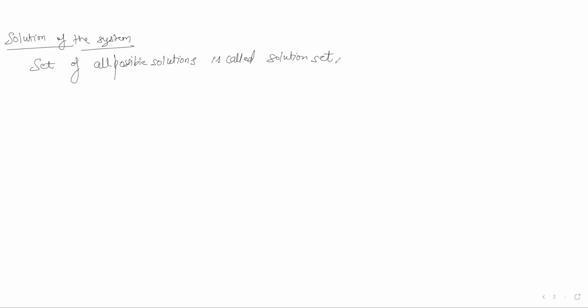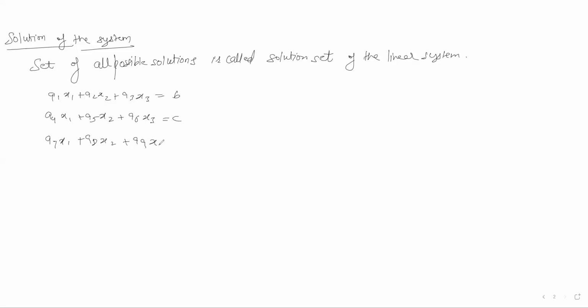We'll call this a solution set of the linear system, right? And if two systems have the same solution set, let's say one is a1 x1 plus a2 x2 plus a3 x3 is equal to b, a4 x1 plus a5 x2 plus a6 x3 is equal to c, and a7 x1 plus a8 x2 plus a9 x3 is equal to d.